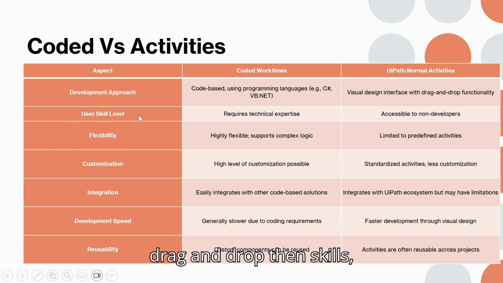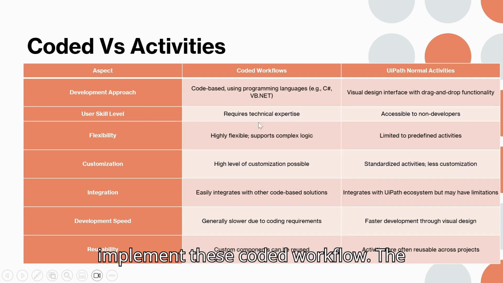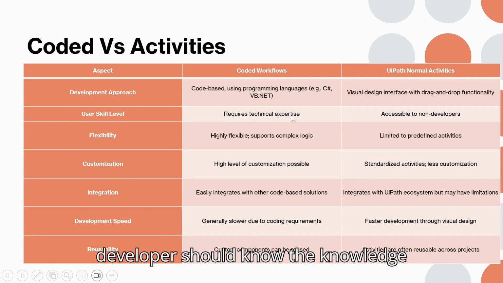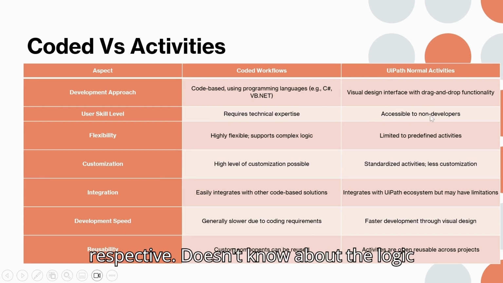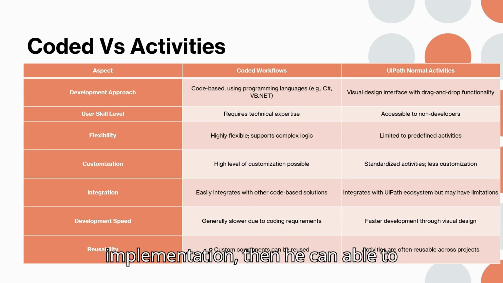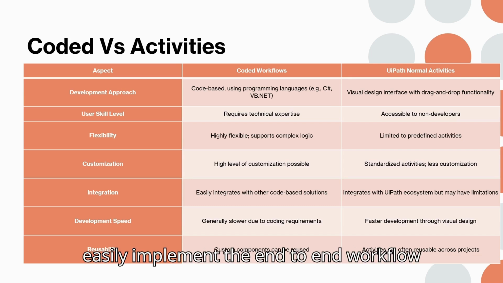Then skill level: to customize or implement a coded workflow, the developer should know C Sharp and VB.NET. But with the normal UiPath activities, if the person knows the logic implementation, then he can easily implement the end-to-end workflow, right?